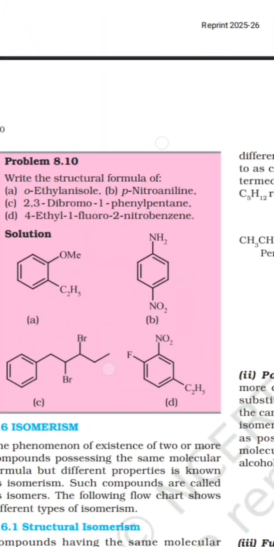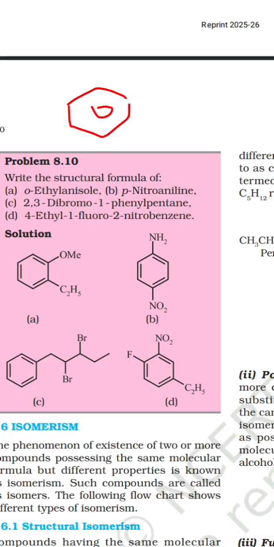And after that, we have some formula problems. Write the structural formula of ortho-ethyl anisole. Anisole means on a benzene ring, a CH3 group is there, I mean OCH3, and at the ortho position an ethyl is there.